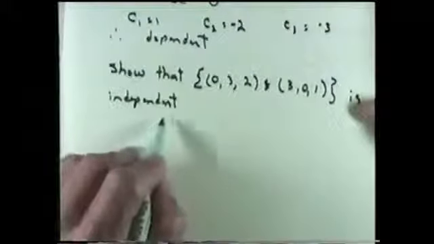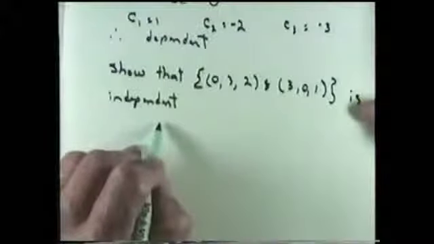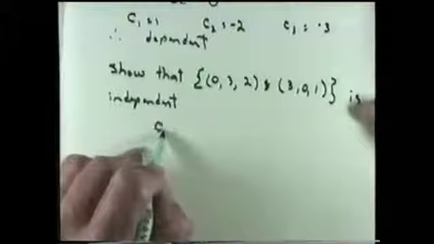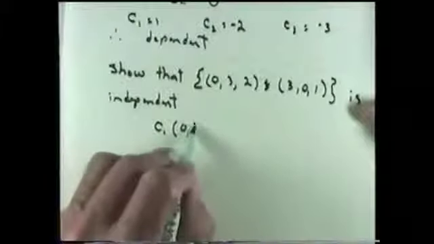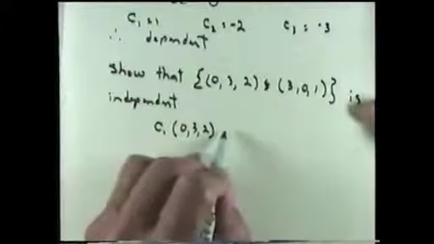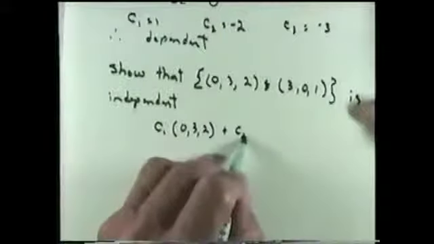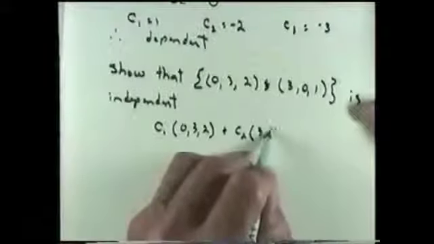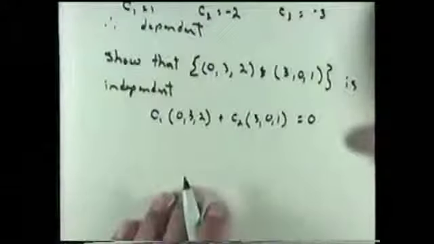Well, to show that it's independent, we would have that C1 times (0, 3, 2) plus C2 times (3, 0, 1) is equal to 0.